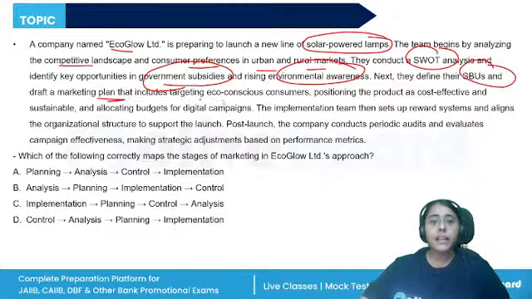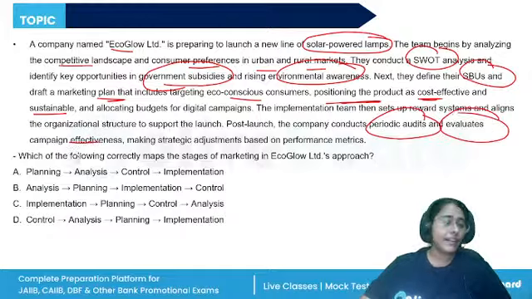They draft the marketing plan targeting the eco conscious consumers, positioning the product as cost effective, sustainable. They then implement, they set up the reward system, analyze the organizational structure, and finally, post launch, they do periodic audits and evaluate the effectiveness.